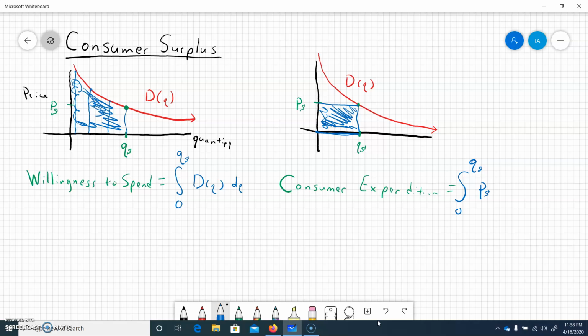But we would take that price point and we would integrate it in terms of Q. And that would give us under here what the consumer actually spends. Okay, so over here is what, if we took each person, and kind of ranked them, what they're willing to spend in the first graph, and then the second one is what they actually spend.